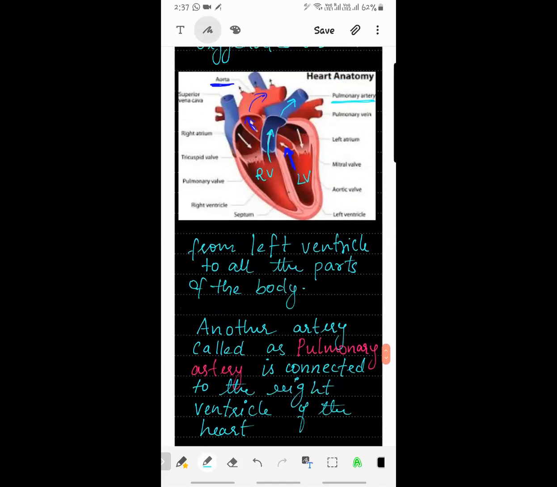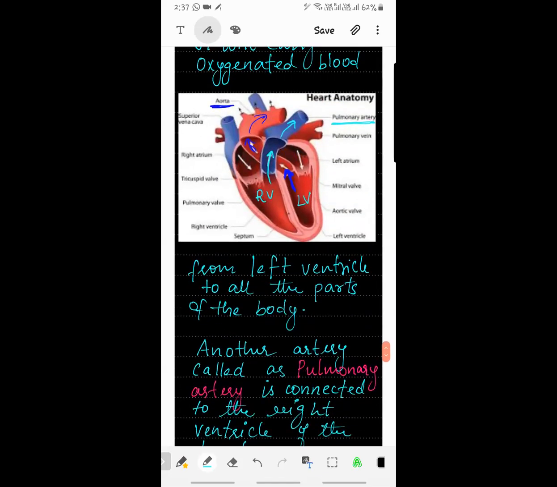So due to the pulmonary artery being connected on the right side, this artery carries deoxygenated blood to the lungs. So what is the name? Pulmonary means lungs, and it will go to the lungs.